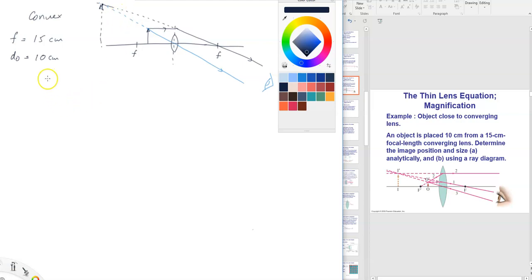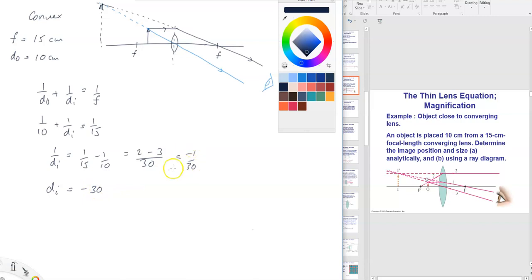Let's try the equation. This is negative 1 over 30, so negative 30 centimeters.